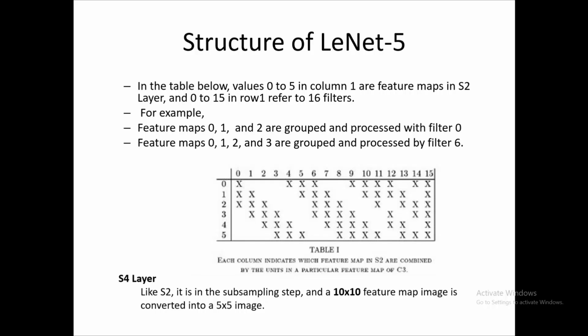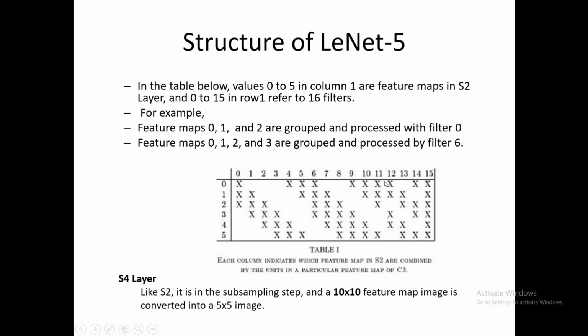We can see how the two layers are connected in the table. The values 0 to 5 in the first column represent the feature maps in the S2 layer, and 0 to 15 in the first row refer to the 16 filters.